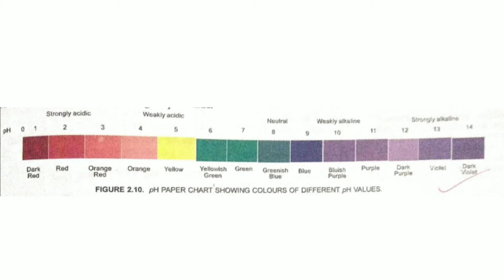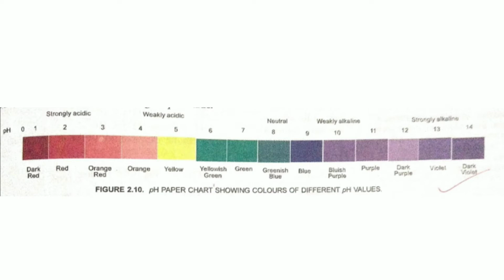For example, if the pH value of a given solution is 1, it gives red color. When we pour this universal indicator either in an acidic solution or a basic solution, it gives different colors as shown in this indicator.